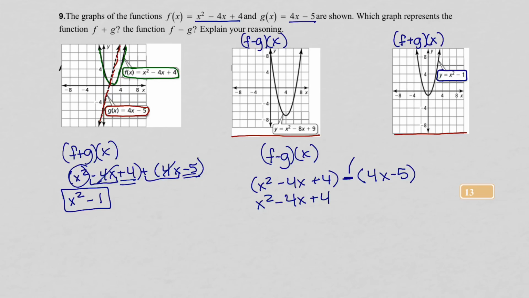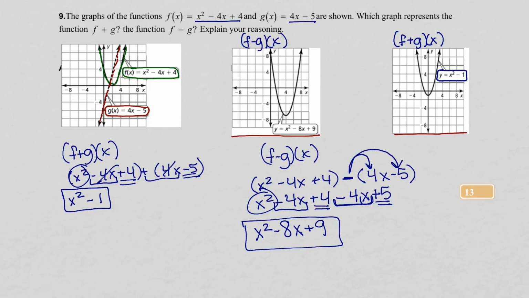We're going to have to distribute that negative to each of those terms. So now that positive 4x becomes a minus 4x, and that minus 5 becomes a plus 5. Still have that x squared, but this time I have negative 4x and another negative 4x. So I combine those to get negative 8x. And I've got plus 4 plus 5, which is plus 9. And indeed, that is exactly what this graph says. So it is good to go.